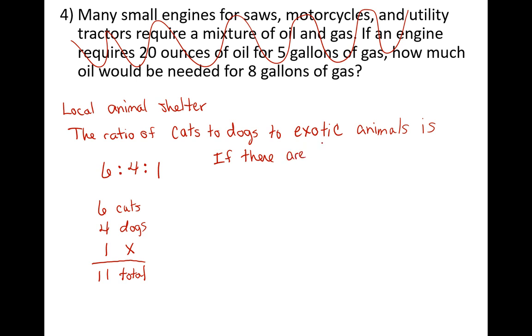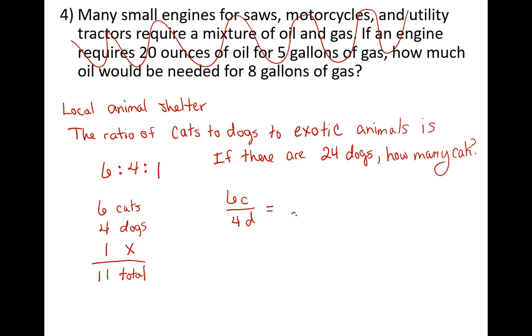If there are 24 dogs, how many cats? Well, that's pretty easy. There's 6 cats for every 4 dogs.